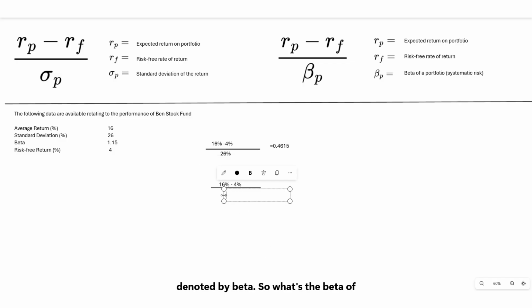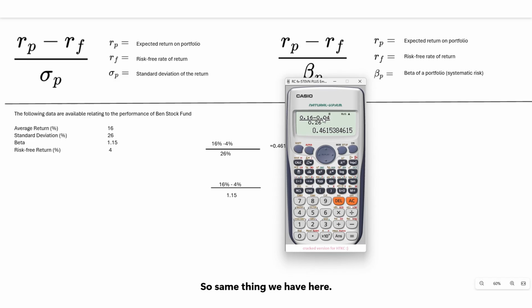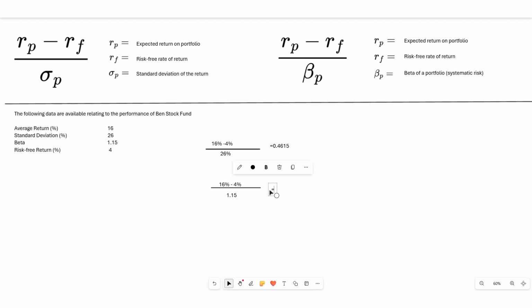The beta of the portfolio is 1.15. So we just change the denominator there to 1.15, and this gives us 0.1043. So we have our Treynor's ratio and our Sharpe ratio here.